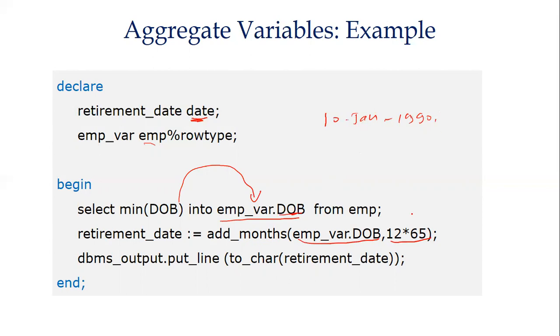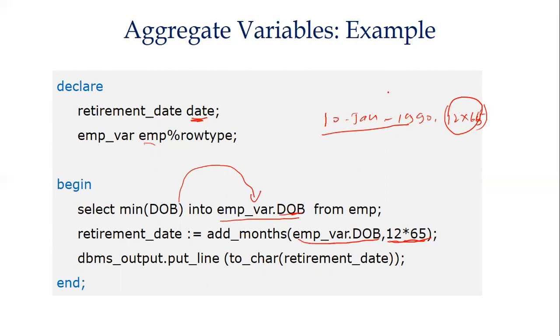You have specified here 12 into 65. These are the months basically. 12 into 65 months will be added to this date, so 65 years will be added. 65 is the retirement age, right? So that's why we have specified it here. So add months basically adds the months, where we are adding 65 years.